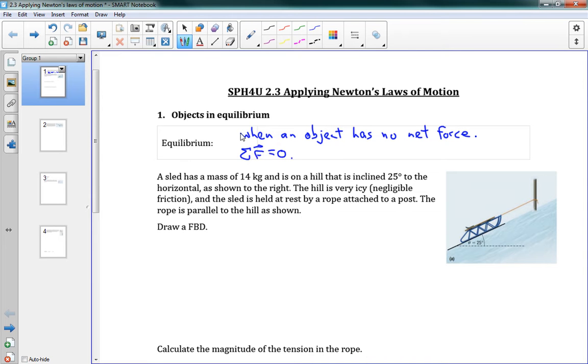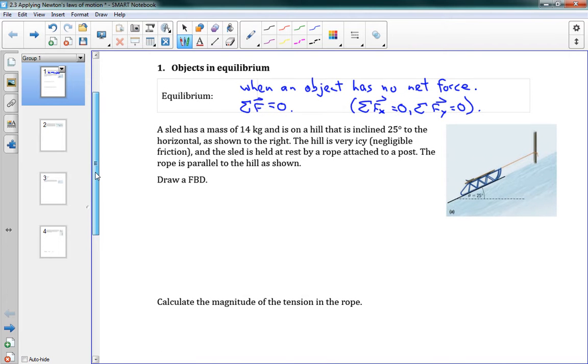And we can extend that. If the net force is 0, that means that the net force in the x dimension has to be 0, and the net force in the y dimension also has to be 0. That gives us a lot of extra information to solve a problem. So the first two problems we'll look at are objects in equilibrium.